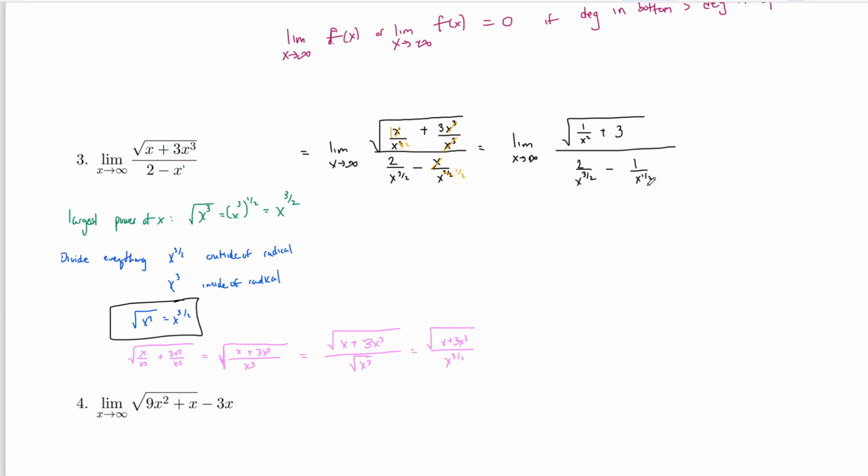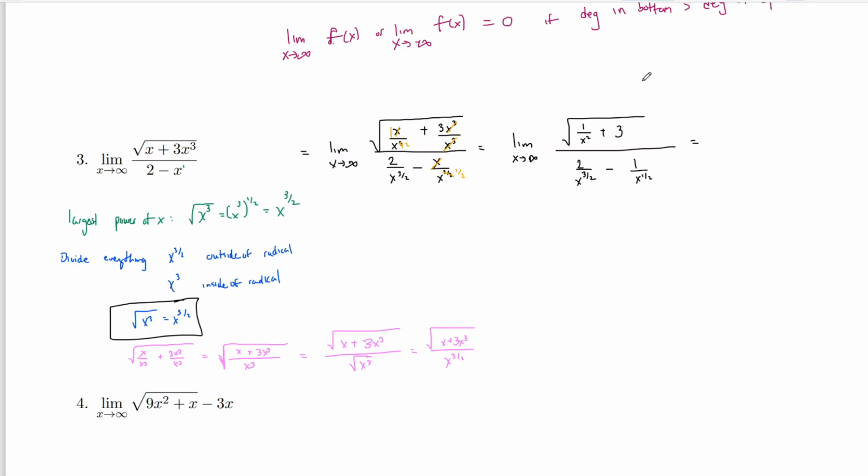Well, it still works if it's a fraction as well. The main thing is that we can't say it would work if this was going to negative infinity, because then we would have a negative square root, which would not work. But since we're going to positive infinity, everything is fine.